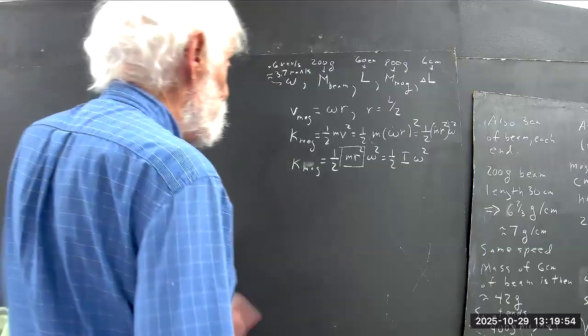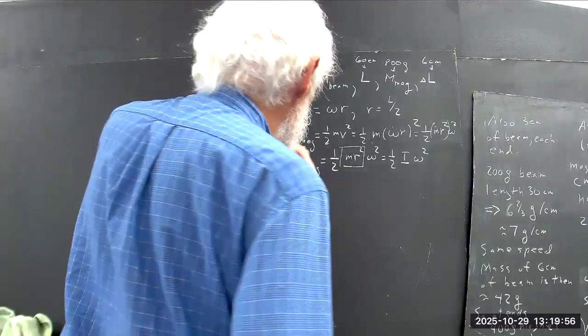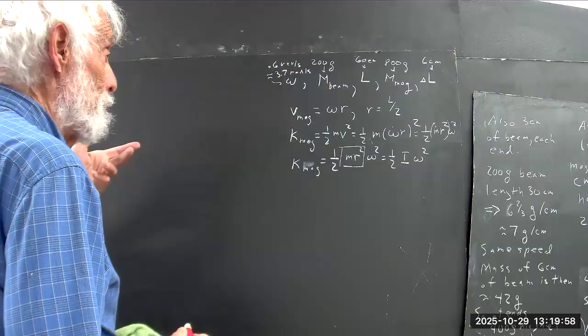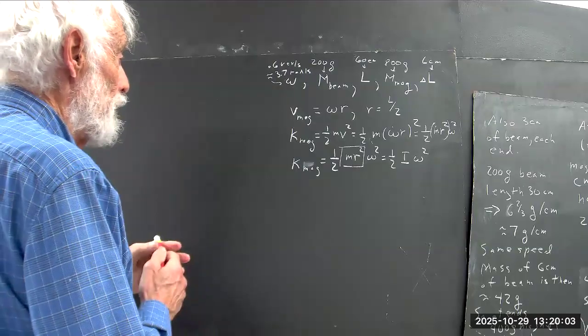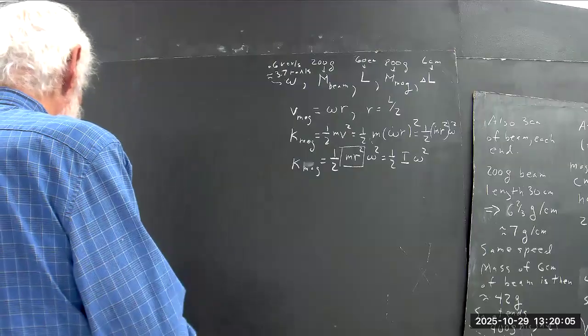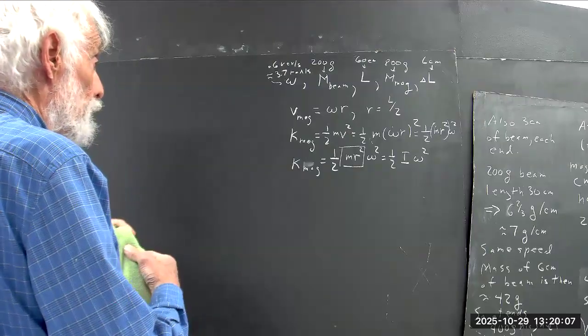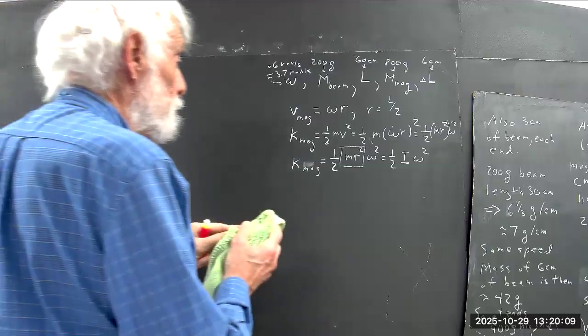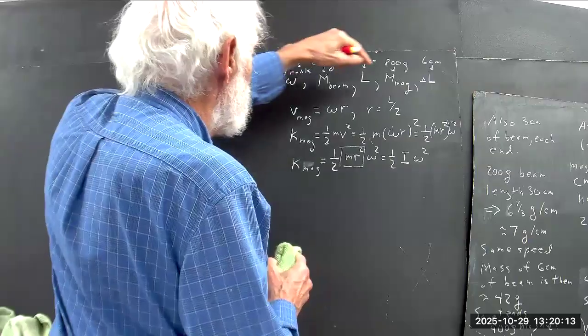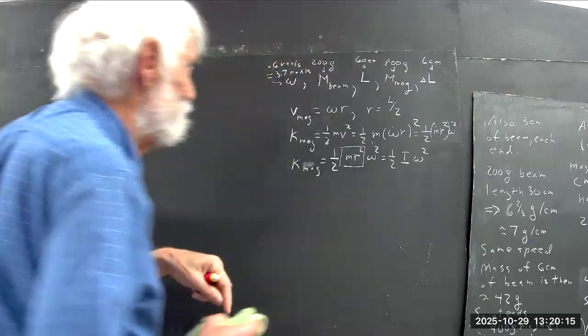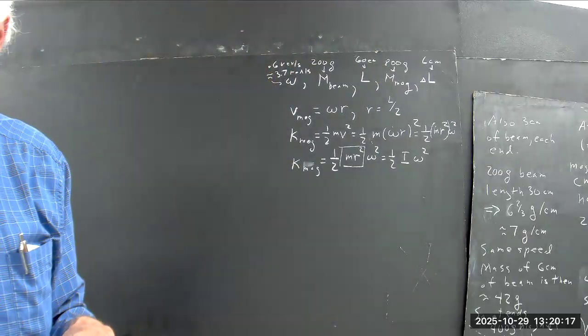Okay, so there's the kinetic energy of your magnets, where M is the mass of the magnets. Now, I was a little careless with my notation. Where I'm using little m, I should be using capital M mag.